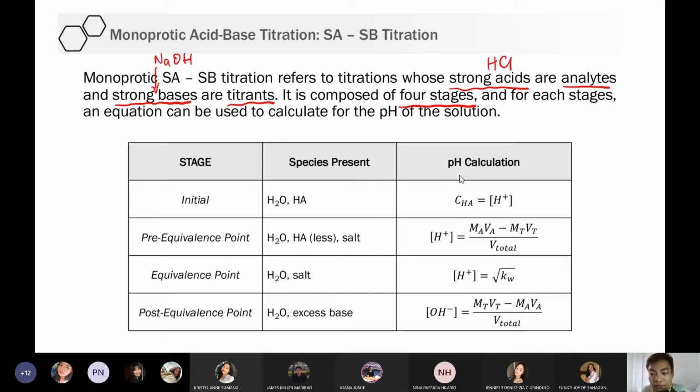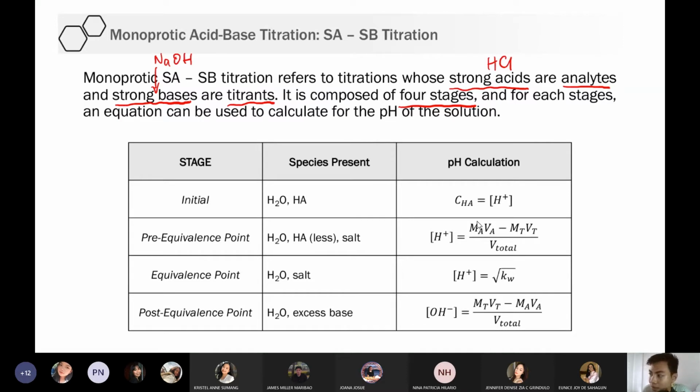So how do you calculate for the pH? The concentration of the acid can be calculated as this. Ito yung equation. Interpret natin ano meaning nito. MAVA, yan yung initial molarity and volume ng analyte. So initial molarity and volume of analyte minus yung dinagdag mong titrant.